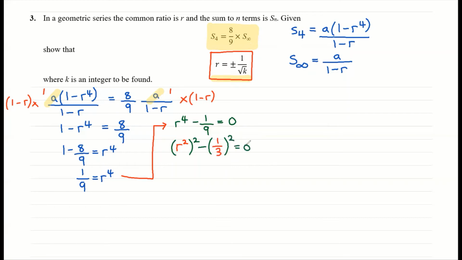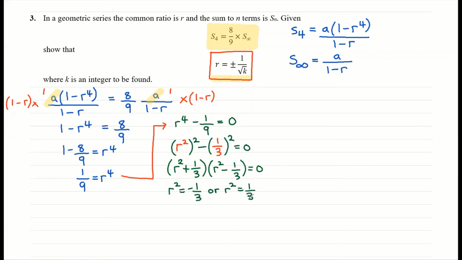And then we can put that into brackets. So in other words, you're going to have R squared plus 1/3 multiplied by R squared subtract 1/3, which equals 0. So either R squared is equal to negative 1/3, or R squared is equal to 1/3.